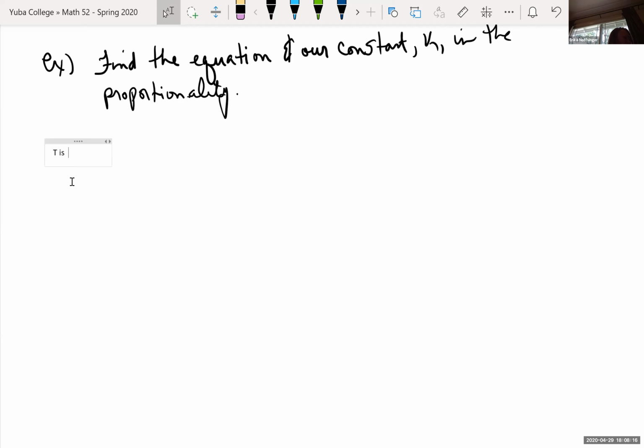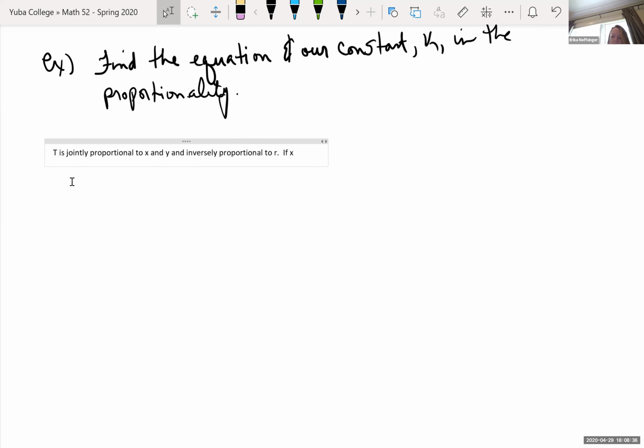t is jointly proportional to x and y and inversely proportional to r.